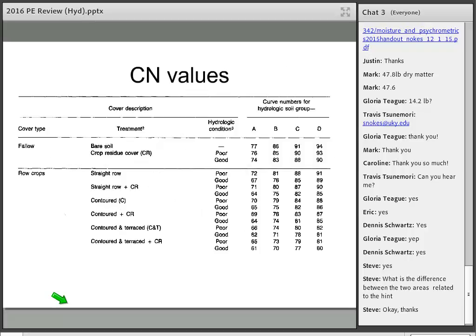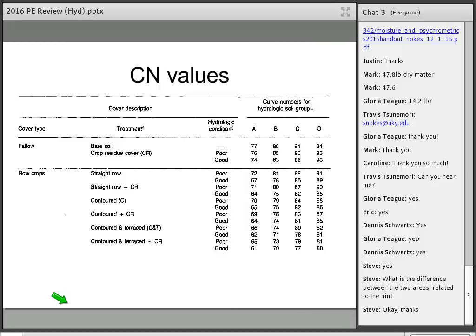Okay, let's talk about curve number for a minute. SCS and NRCS and ARS, essentially the research agencies of USDA and the universities, have done a lot of work with the curve number through all the years. And there's tabular values for all kinds of different soil surface conditions.